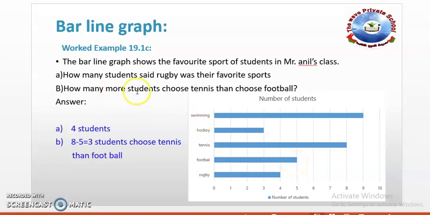And what is the question? How many more students? So just subtract these values. 8 minus 5. 3 more students choose tennis than football. Clear now? There are 3 more students that choose tennis than football.